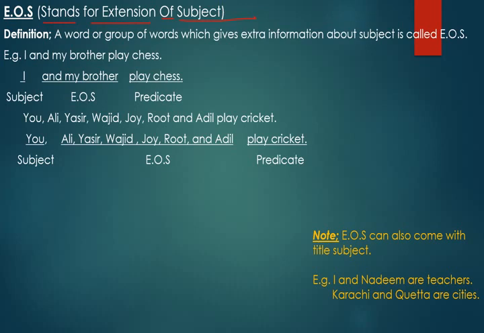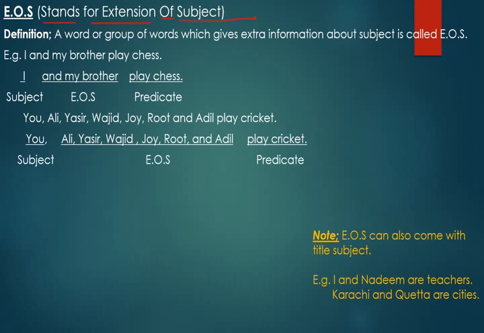What is the definition of extension of subject? A word or group of words. Keep in your mind, extension of subject can be one word and can be more than two words. A word or group of words which gives extra information about your subject is called EOS, extension of subject.